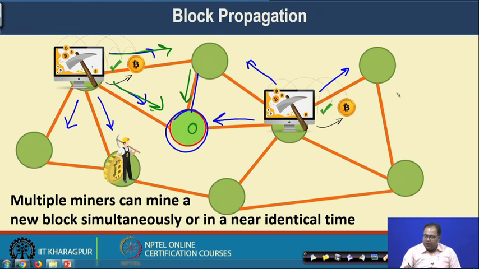This particular rule we call the 51% rule, not the 50% rule. It says that the copy of the block that you are getting from more than 50% of the neighbors, you accept that block and broadcast it further in the network, and the other block you can discard.